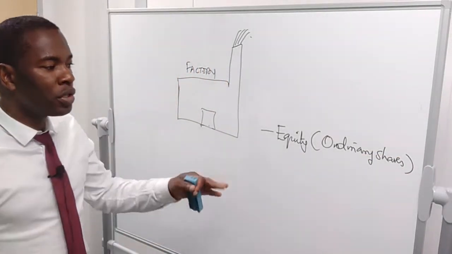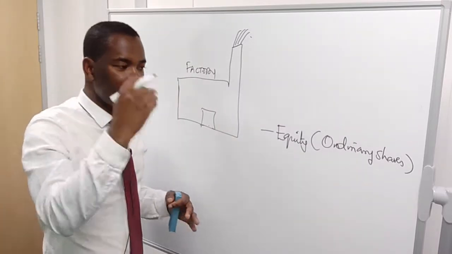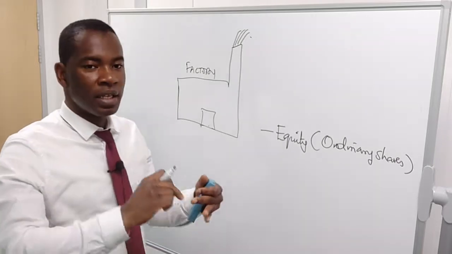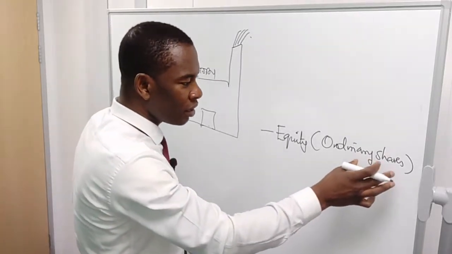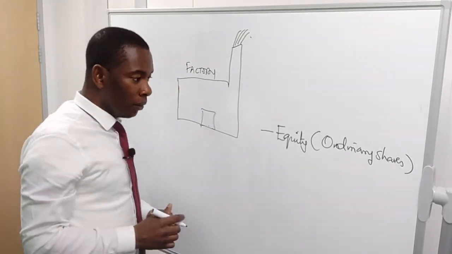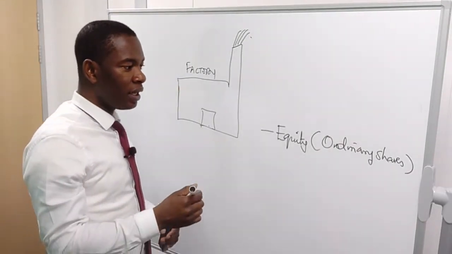So those things that we talked about, authorized shares, issued shares, the outstanding, all of them are something under the ordinary shares.